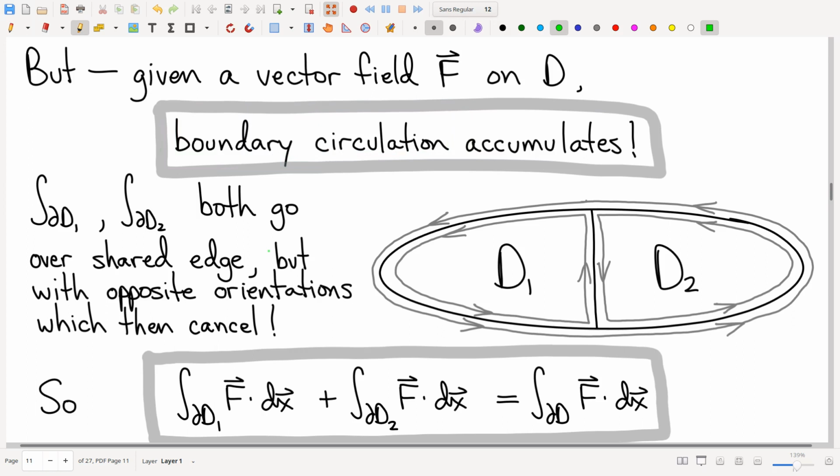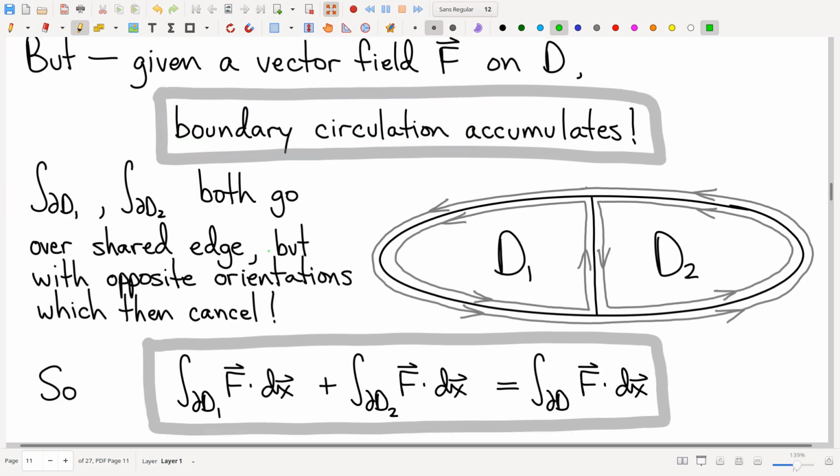I'm not going to repeat all that, but the big idea is when you look at the left half plus the right half, there's a temptation to say, well, wait a minute, these two pieces of a line integral are there on this shared edge where you cut the whole into two separate pieces. On this red curve, you've got green line integral going that way. You've got blue line integral going that way. This is part of the circulation on the pieces that simply isn't there in the circulation around the whole.